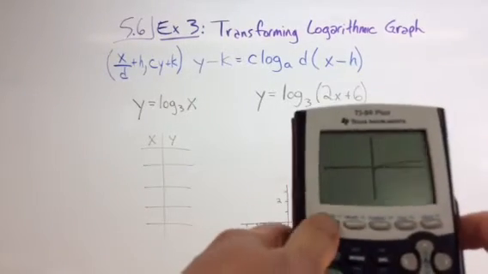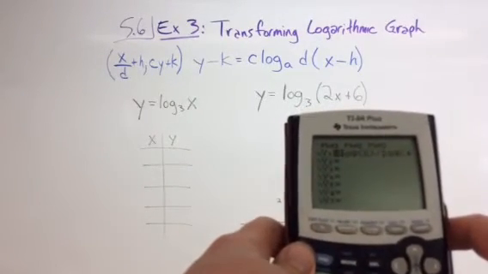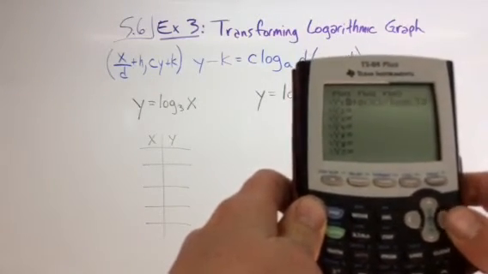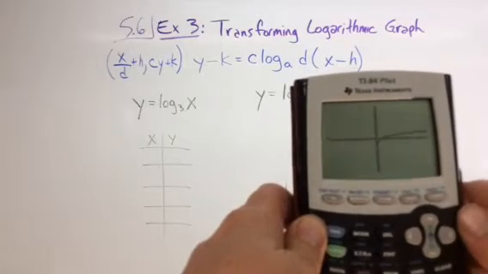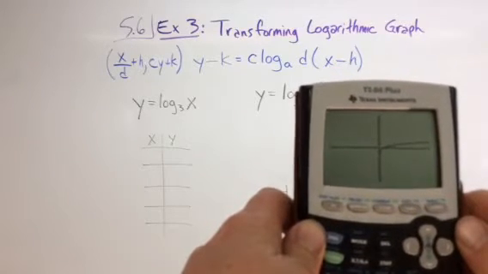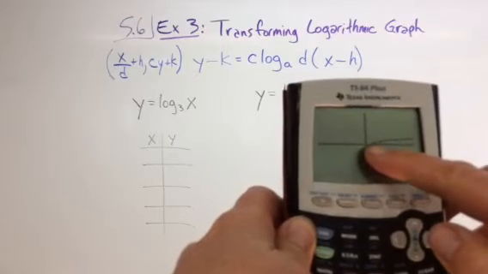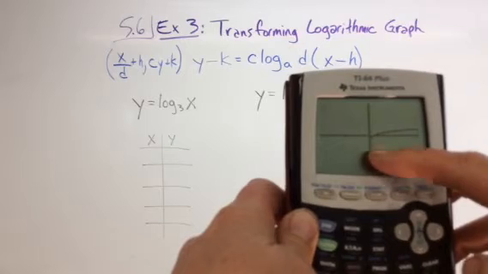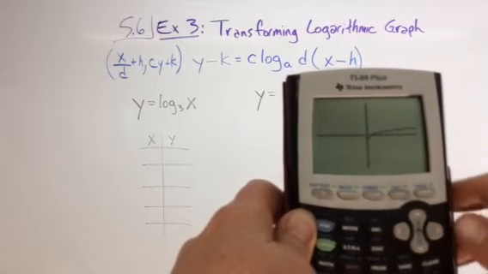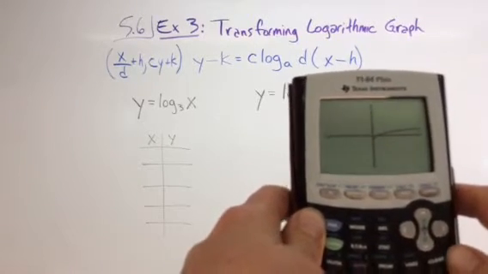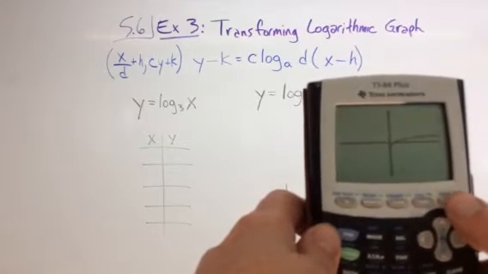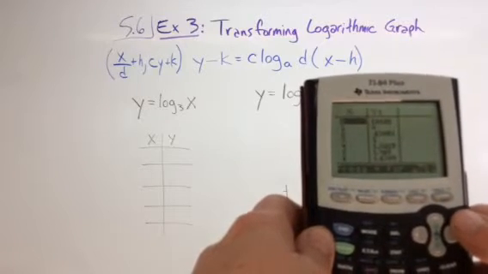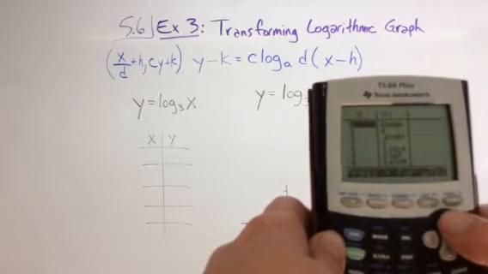I've put in my graph so that I've got log x over log 3. You could page over there and see that it's log 3. And I've graphed it, and that's what I expect to see on a logarithmic graph. I'll see that I've got an x-intercept of 1 here and so on. This would be an asymptote at y equals 0. But the problem is when I go to find my table, so I'll go second function table, I don't have control over my x values very well.